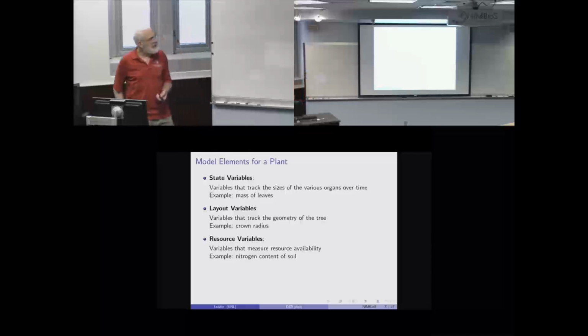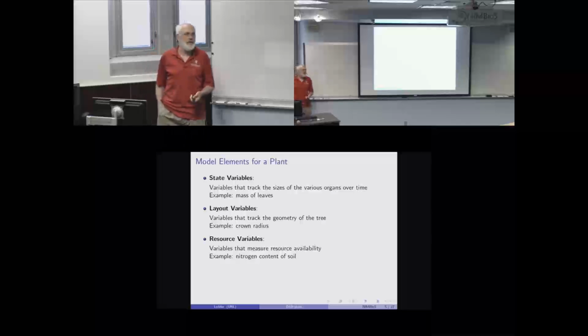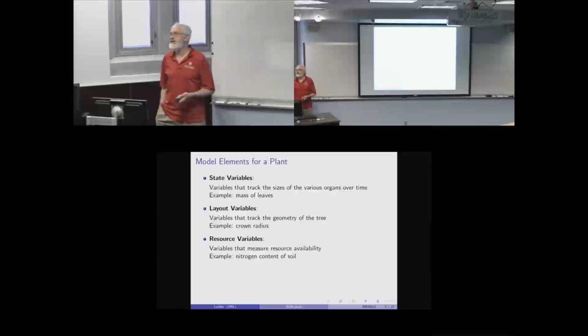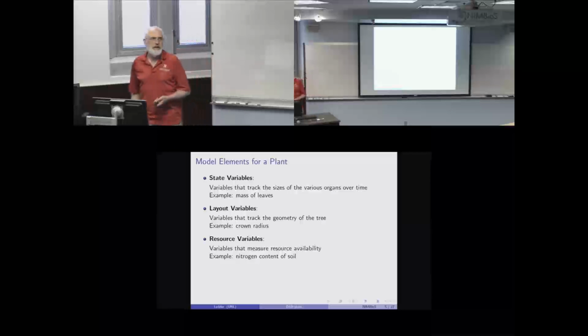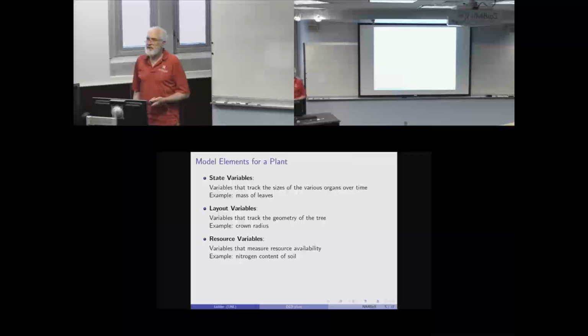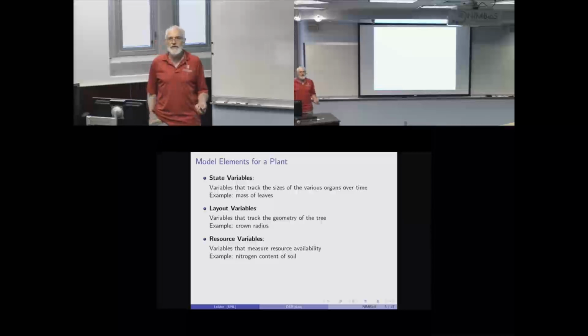You need resource variables that measure the resource availability. So how much nitrogen is there in the soil? That's a lot more complicated than it is for animals or for light. So for animals, for a simple dynamic energy budget model, you can just assume the food supply is constant, that the animals eat something whose population is not depleted by the animal doing the eating.